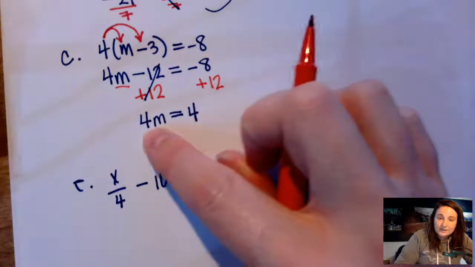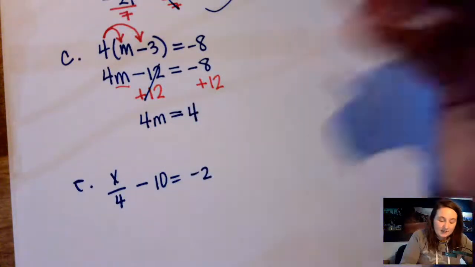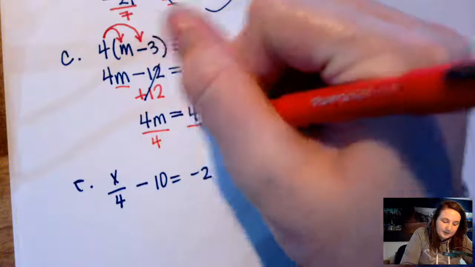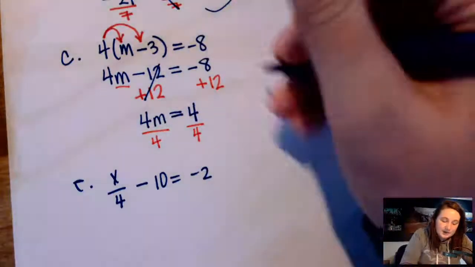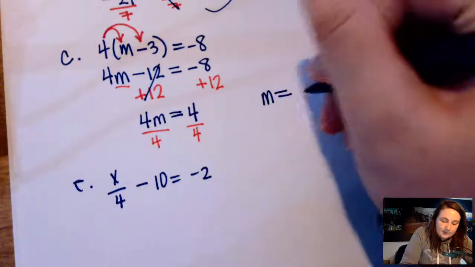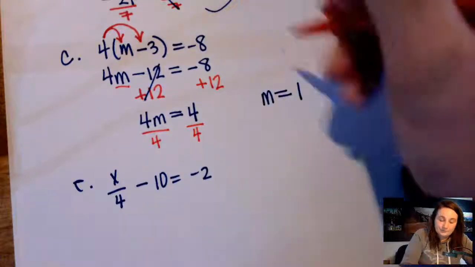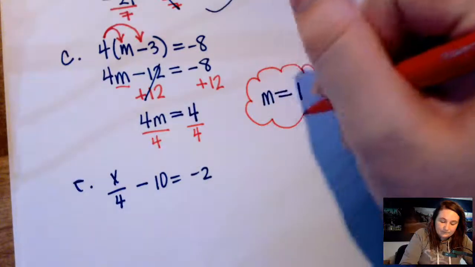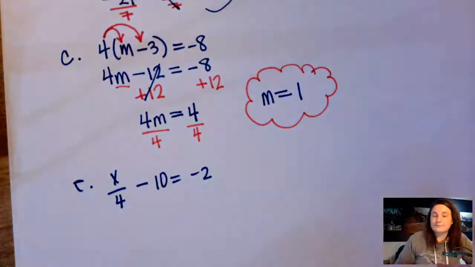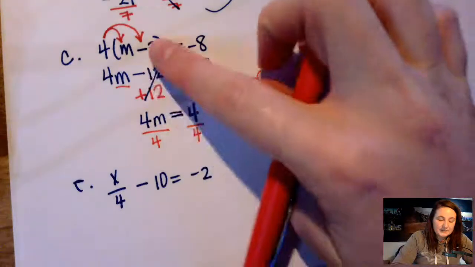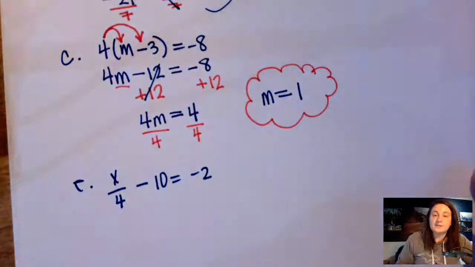Again, since we have these two squished together, that means multiplication, and to undo that, I use division. So my answer is m equals 1. So that was the distributive property. Whenever you have parentheses, you're going to do that.